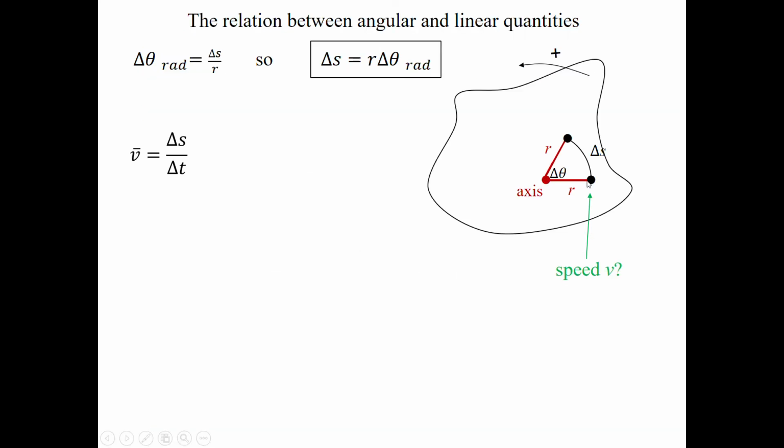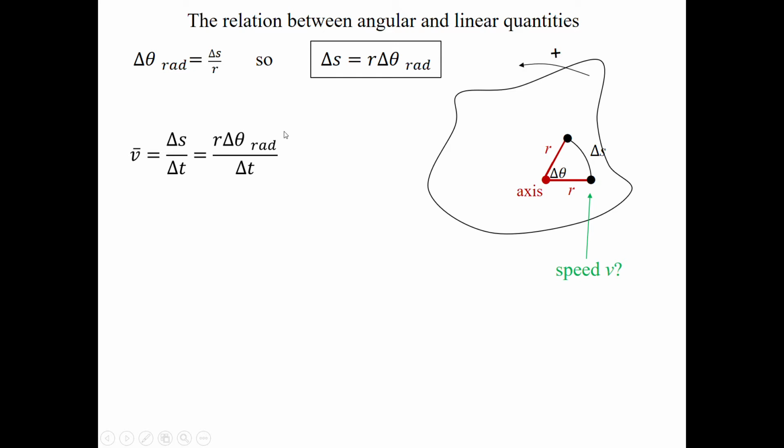So again, we're concerned with that speed and how it relates to omega. The very definition of the average speed, or how fast something is going, is just how far it moves divided by the amount of time it takes. So let's start out with that definition. Now let's use our recently acquired piece of information that how far it moves can be related to the angular displacement, or how far this thing has rotated in angles, using that relationship up there.